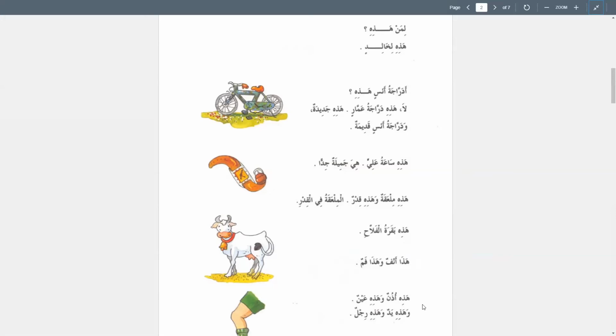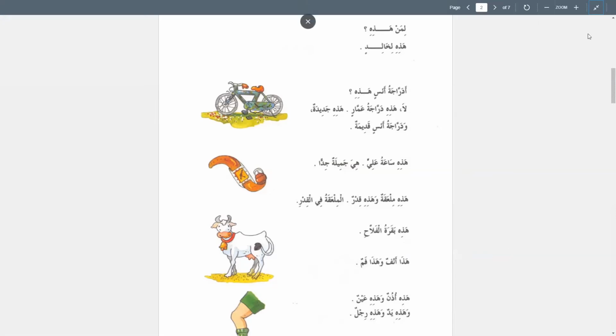Okay, we have two ears, we have two eyes. So in this case, it's feminine. And then with the next sentence, we have wahadahi yedun, wahadahi rijlun. And this is a hand and this is a leg. Okay, in both cases, again, we have two of them. When you have two body parts of that kind, we use hadahi because it's feminine.